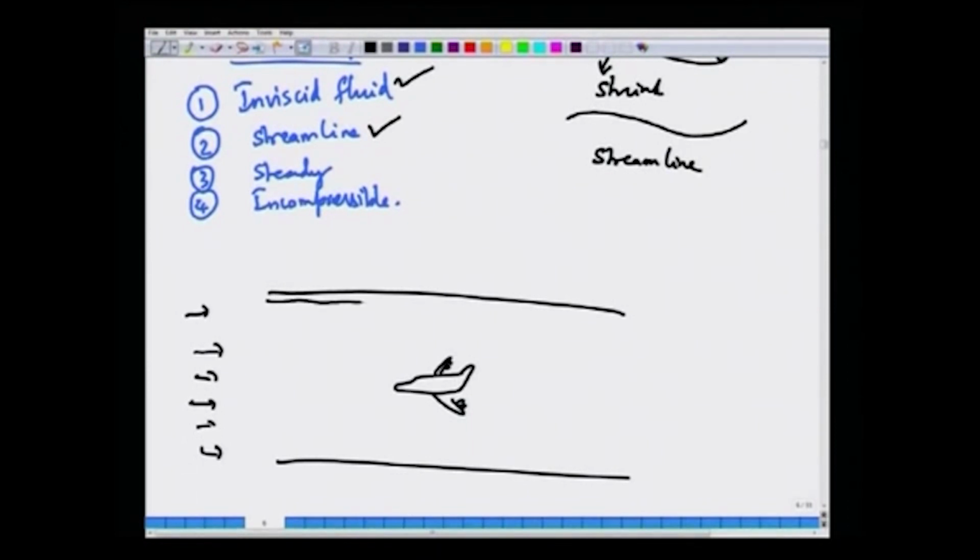Very close to the solid surfaces, we will see later that viscous effects will become important. This is called a boundary layer. So, wherever I am patching with blue, the Bernoulli equation is not valid, okay. So, very close to the airplane surface as well.